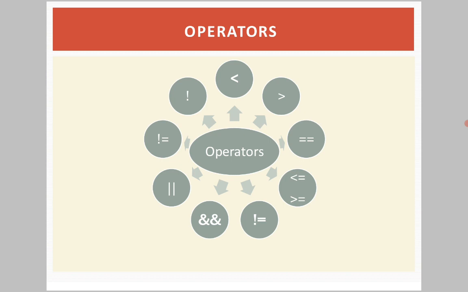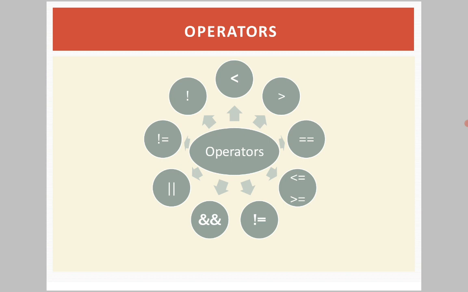Then relational operators: less than, greater than, less than or equal to, greater than or equal to, equal to, not equal to. Logical operators: and, or, not. The fourth is bitwise operators, and the fifth is special operators. These are the types of operators used in C language. That is also a compulsory essay type question.